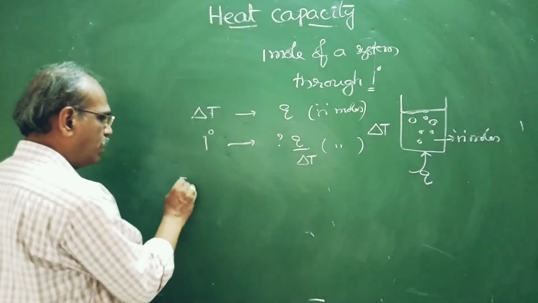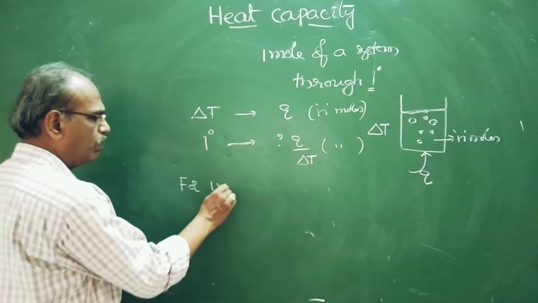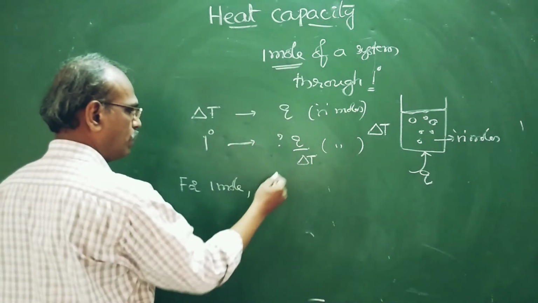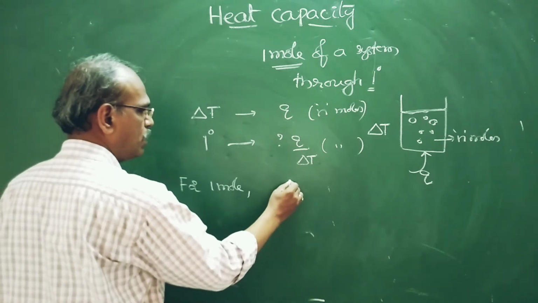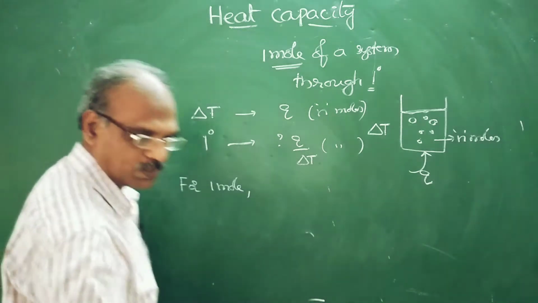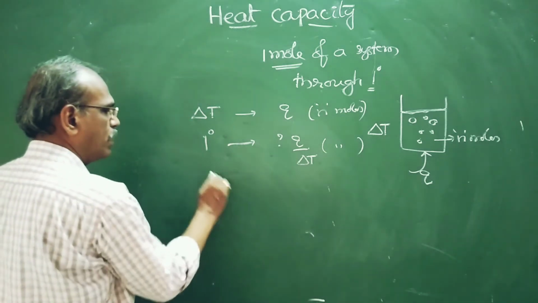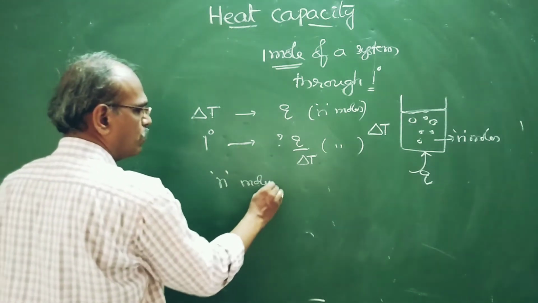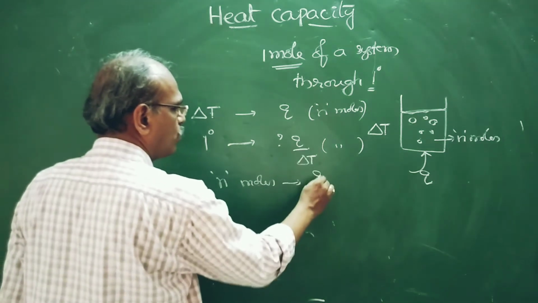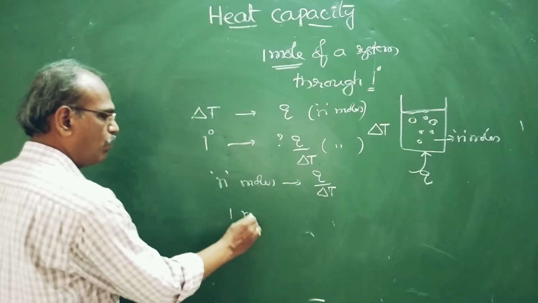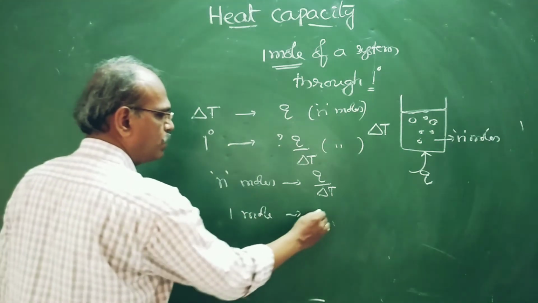But for 1 mole of a system, this can be written as follows. For n moles, heat required is Q by delta T. For 1 mole, how much?